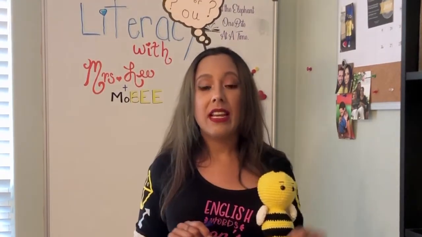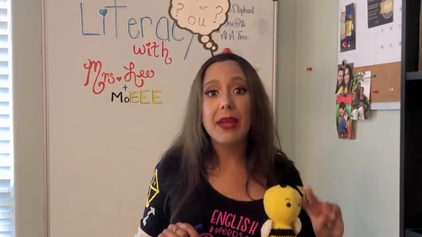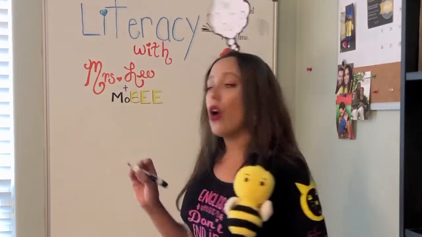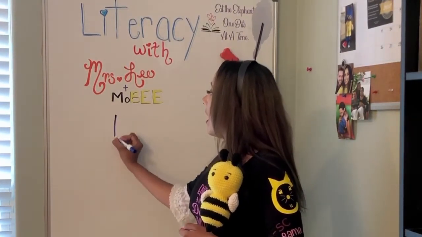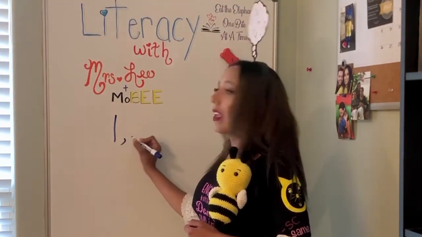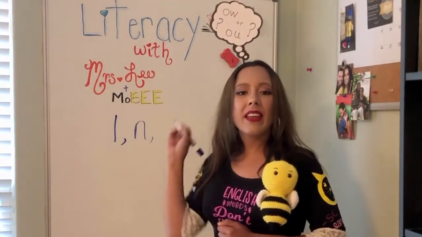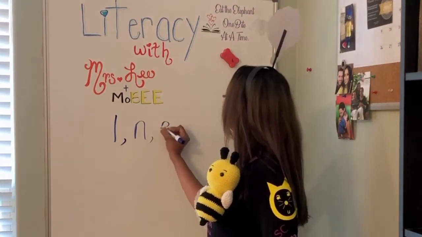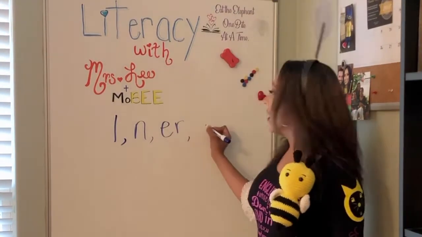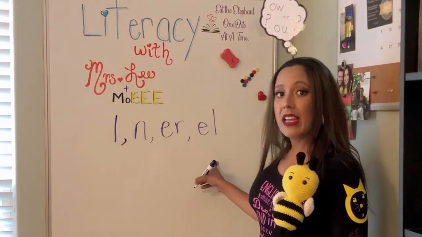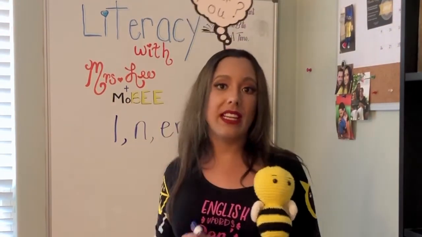If you hear that ow sound in the beginning or in the middle of the word, but the last letter or letters are L, N, ER, or EL, then you spell that ow sound with an OW.